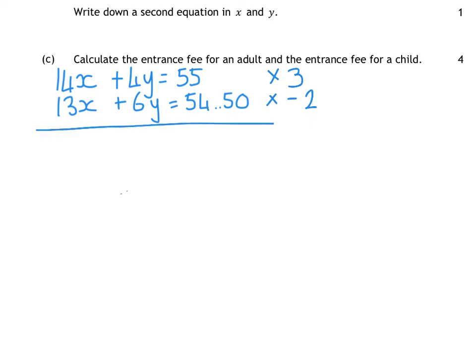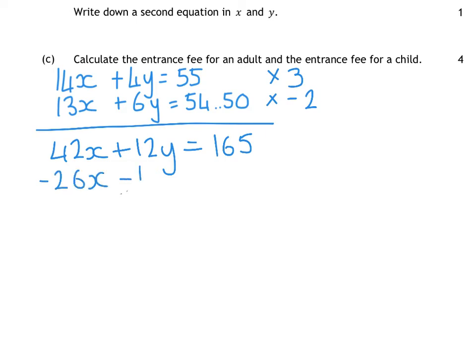So multiplying the top one by 3, 3 times 14 is 42. So I've got 42x plus 12y equals 165. Bottom one all doubled is -26x, -12y, and double that gives me -£109.